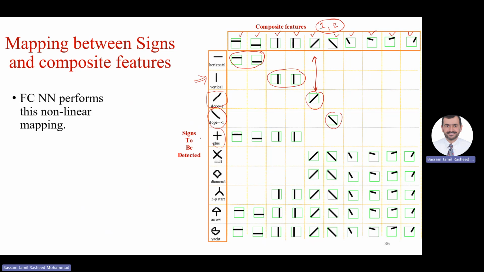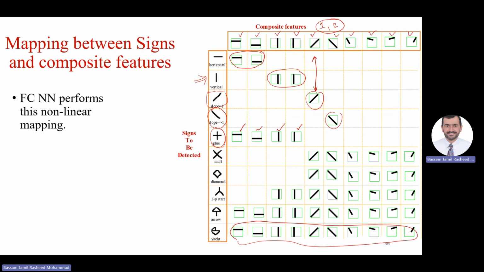If I have a plus sign, then you will see this feature, this feature, this feature, and this feature with large values, et cetera. And you can see the yacht is probably taking all these features, because the yacht has a vertical, a horizontal, a negative slope, and a positive slope line.